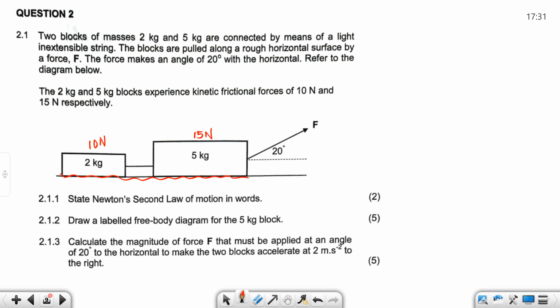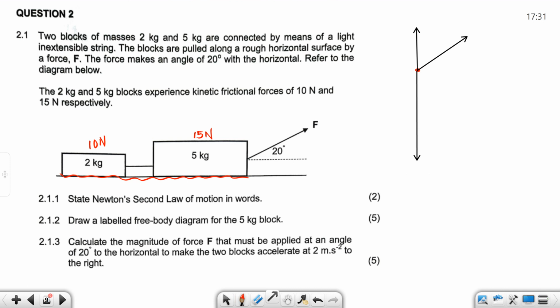Draw a labeled free body diagram for the 5 kg. Let's see. What do we have for the 5 kg? We have gravity. We're going to have normal force, applied force. Actually, with physics, this one should be longer. Now, friction. Remember, the object is being pulled forward. So I'm sure we learned our lesson from the first question.